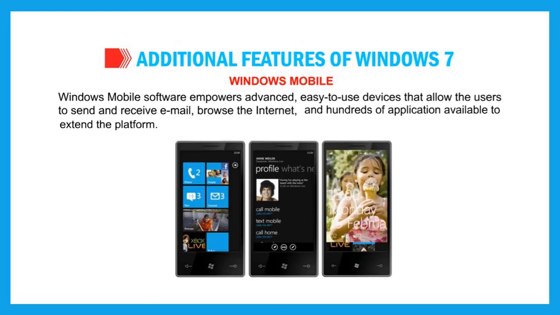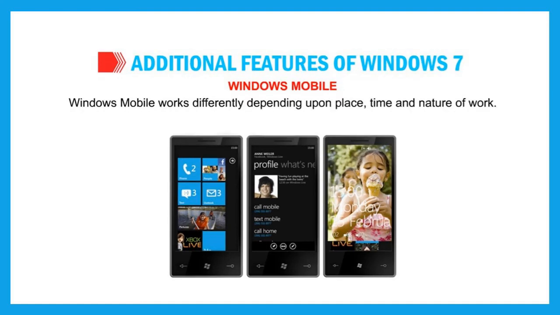Windows Mobile software empowers advanced, easy-to-use devices that allow the users to send and receive email, browse the internet, and use hundreds of applications available to extend the platform. Windows Mobile works differently depending upon place, time, and nature of work.